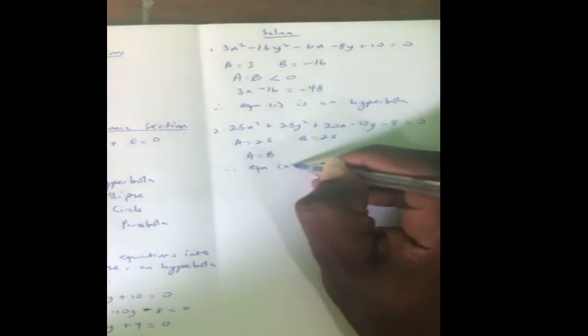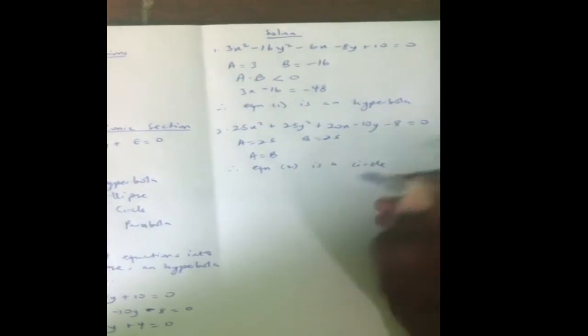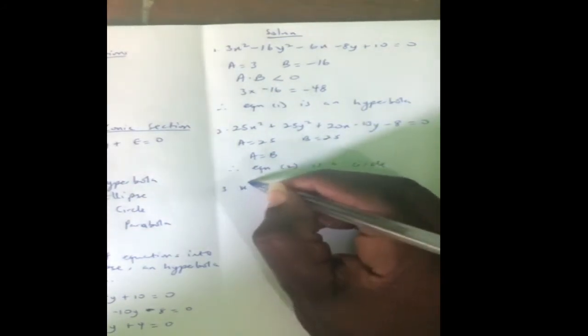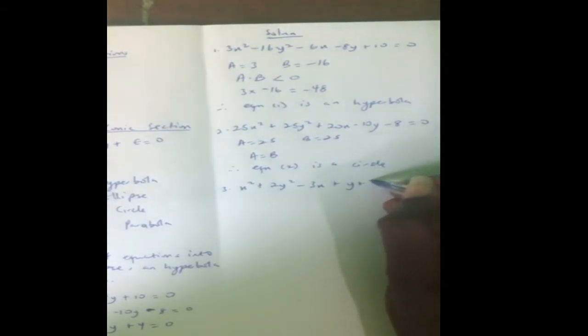Okay, and we said if they are the same, then the equation will be a circle. It will be a circle. Therefore, equation 2 is a circle.